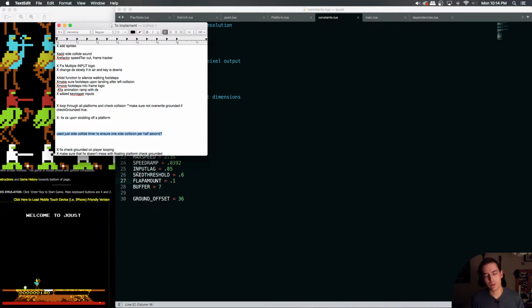Because you look at the original and you could flap your wings and float here and then you could gently bounce into the platform and you bounce a little bit and it's really smooth. Whereas mine right now, if you flap your wings and you collide, in one frame it'll move you so you're not colliding, and then leave you there based on whatever your other inputs are.